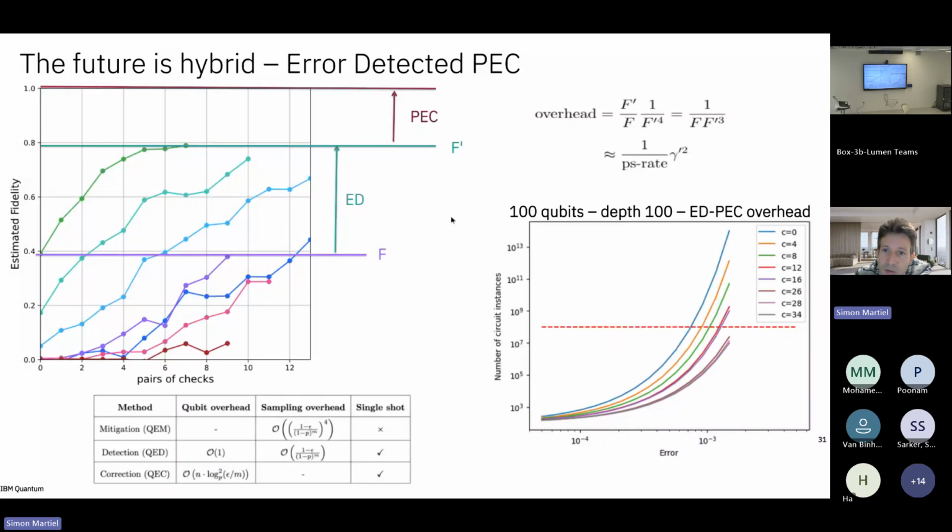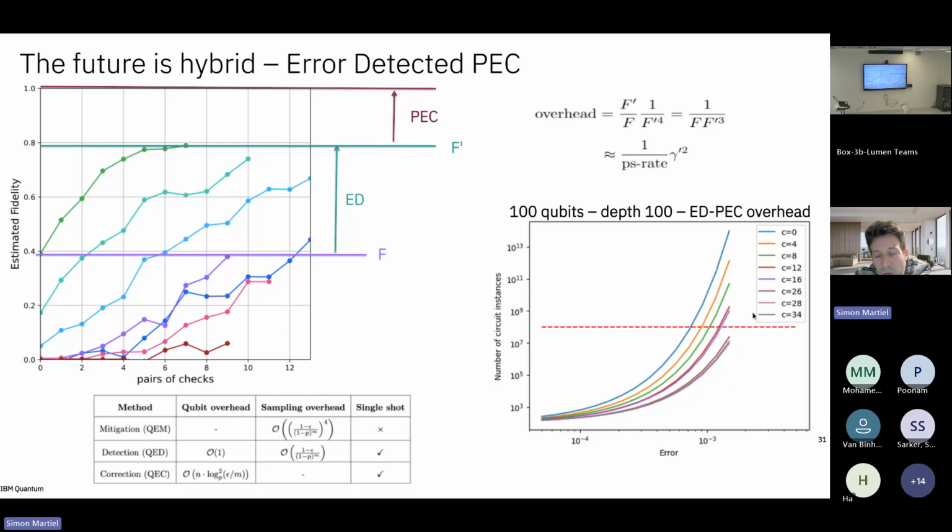We can easily compute the overhead of combining both techniques by multiplying the overhead of going from F to F prime using error detection, and then from F prime to 1 using PEC. This gives us this type of scaling, which roughly boils down to 1 over the post-selection rate of error detection times some quantity that qualifies the remaining noise, which we call gamma here, squared.